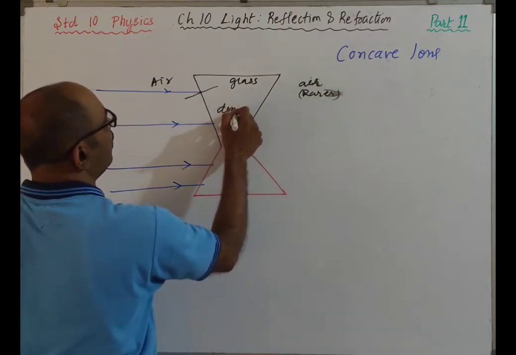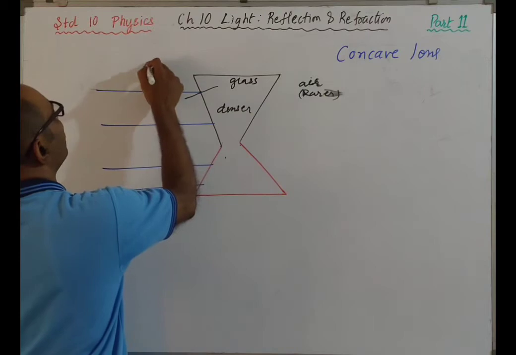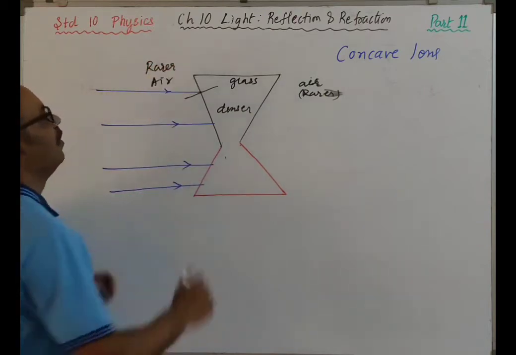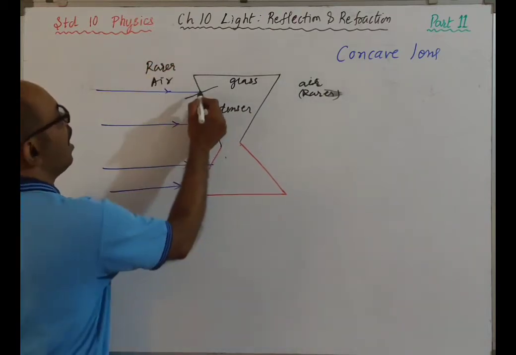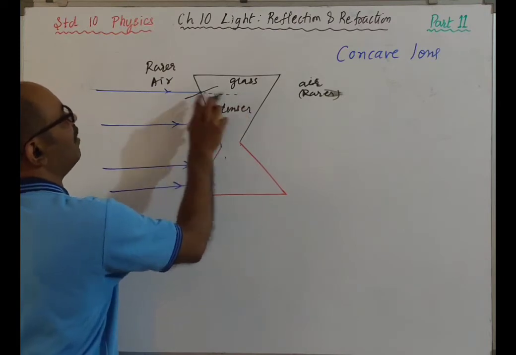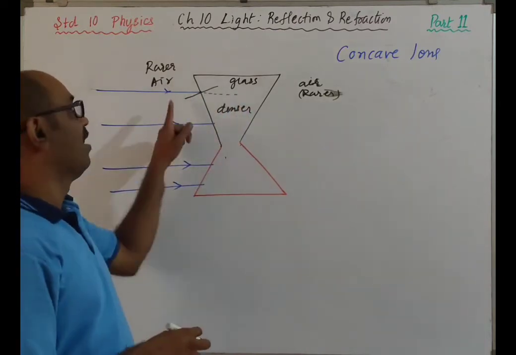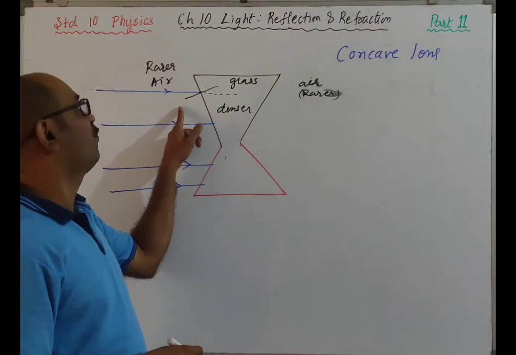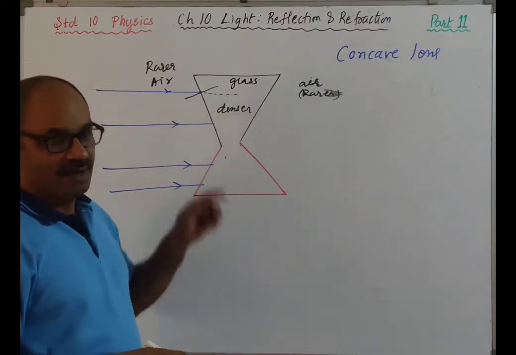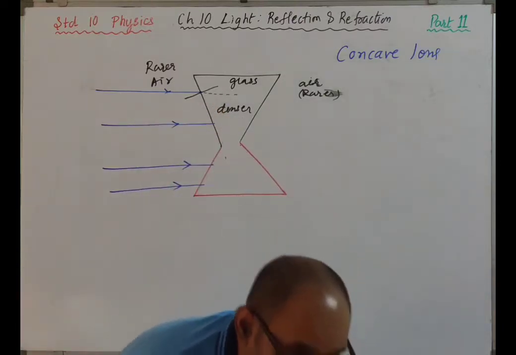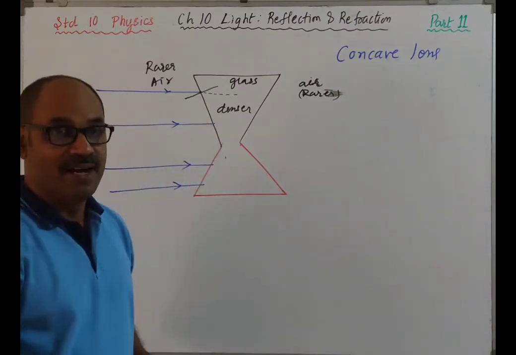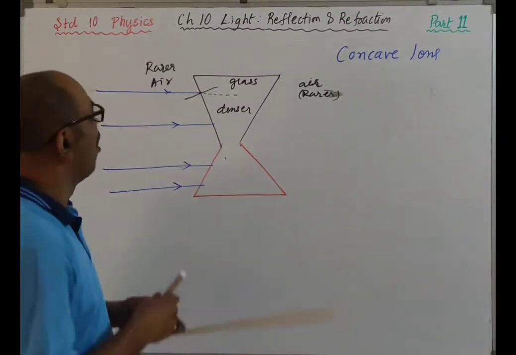This is denser medium and again a rarer medium. Now it should travel straight, but it will bend because the light enters from air to glass, from rarer medium to denser medium. When it travels from rarer medium to denser medium, it bends towards the normal.